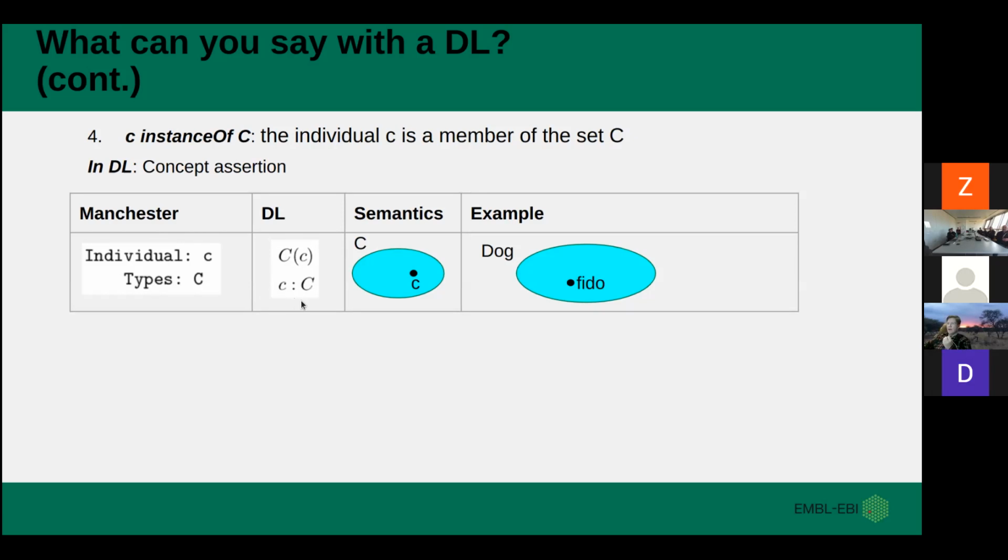So in this session, I will make use of this notation. For the semantics, you've got a class called C and some individual that belongs to that class. A real-world example would be the set of dogs, where Fido is a specific dog in this set of dogs.